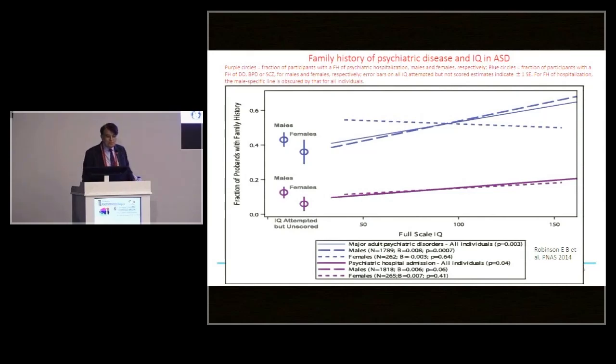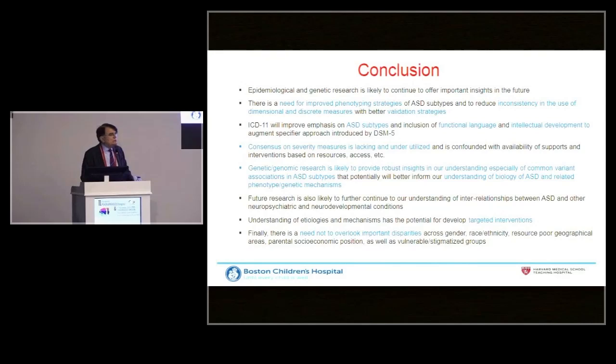So, conclusion, and I'm going to try to stop on time. What do we know? Epidemiological and genetic research contributes to our insights into autism, and it's very important in the future. There is a need to improve phenotyping strategies of ASD subtypes.